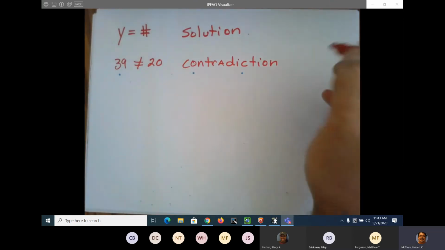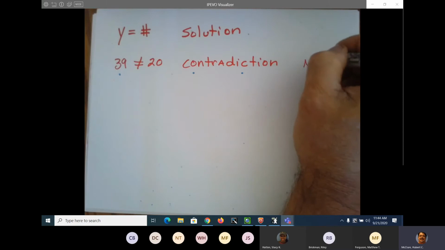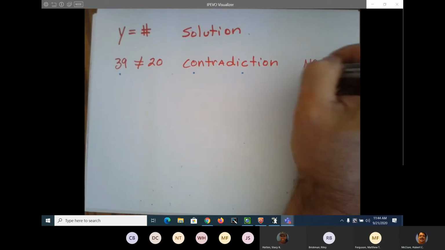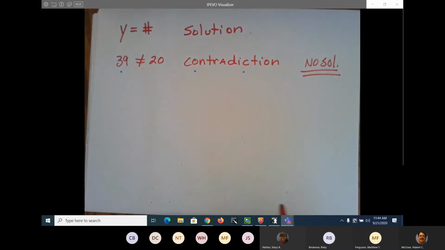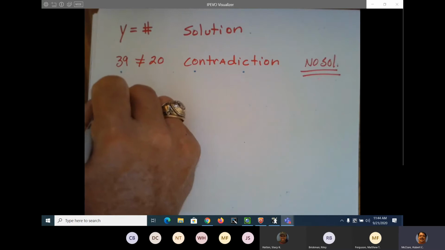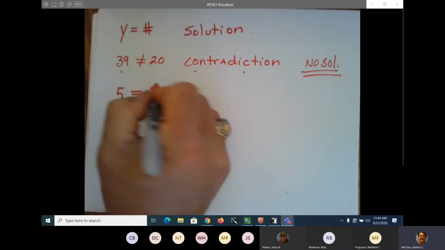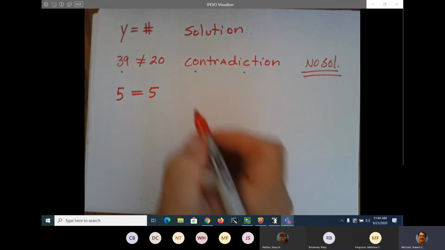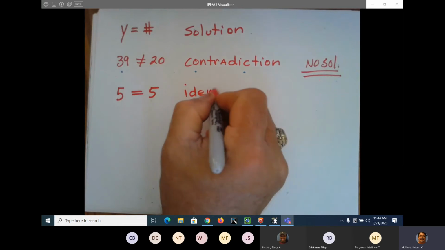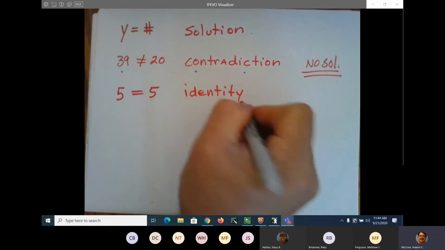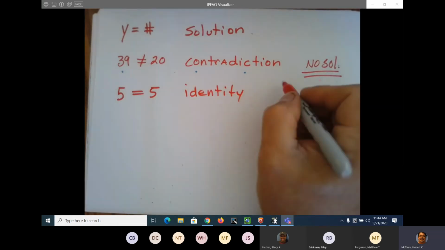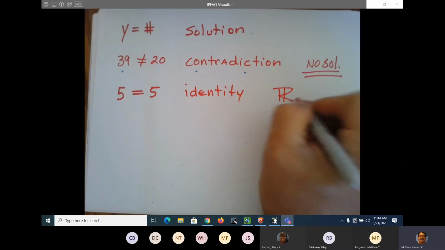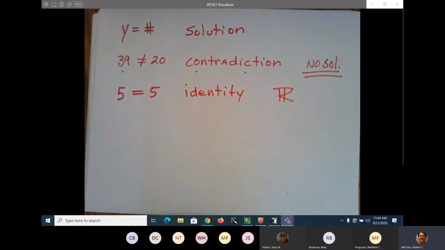A contradiction means no solution. And then you'll get something like this. And that's called an identity. An identity means all real numbers, meaning that any number will work in the equation.